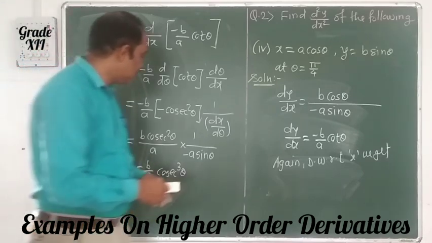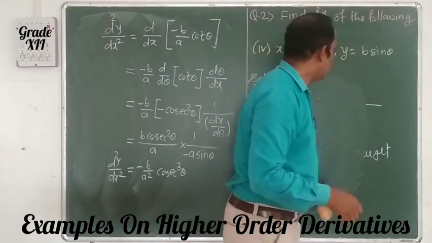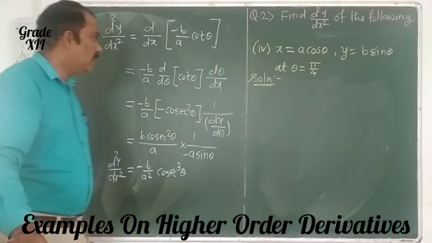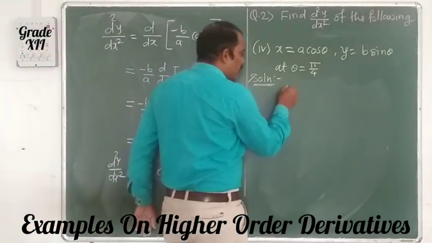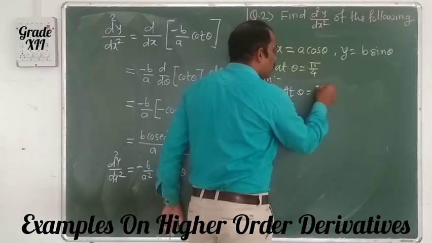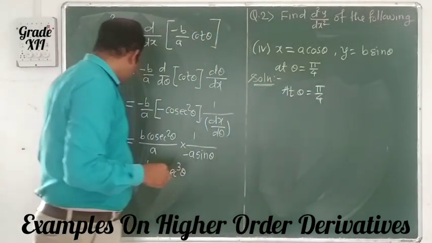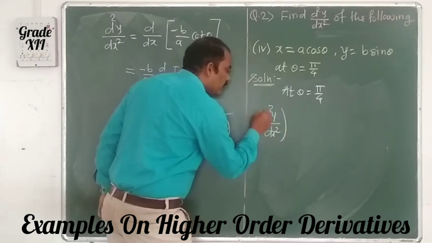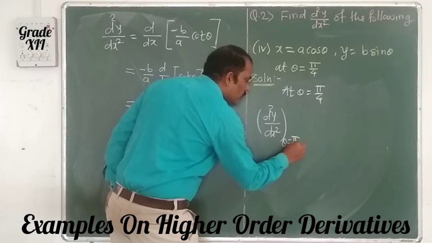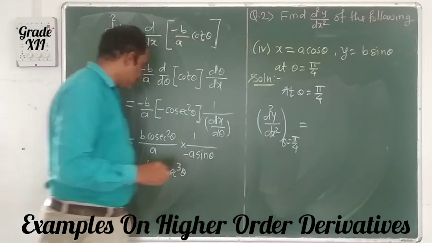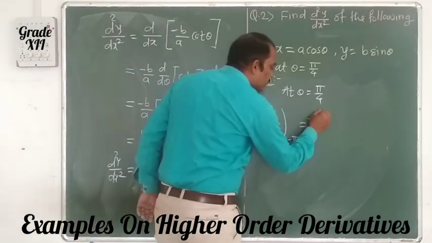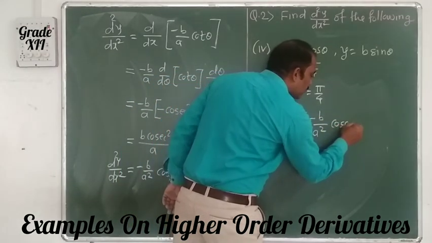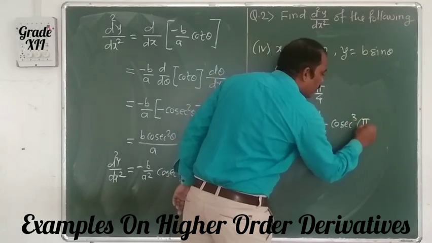Okay, so that we want to find at theta is equal to pi by 4. So what we have to get, d2y by dx square at theta is equal to pi by 4 is equal to minus b upon a square into cosec cube of pi by 4.